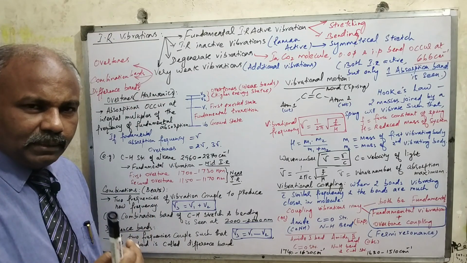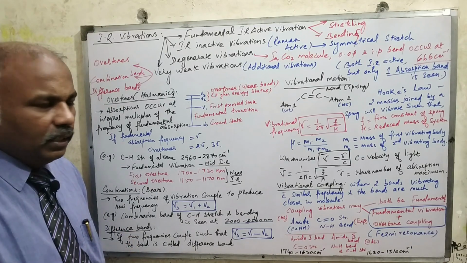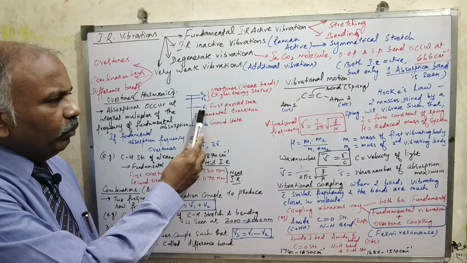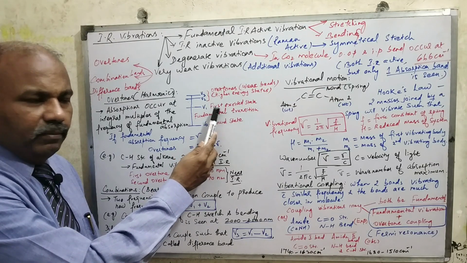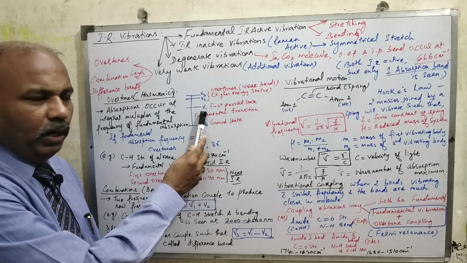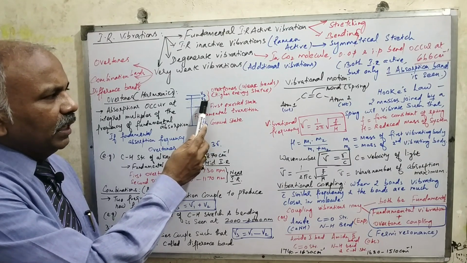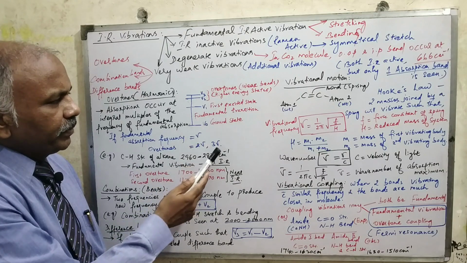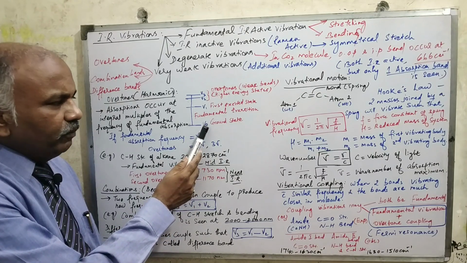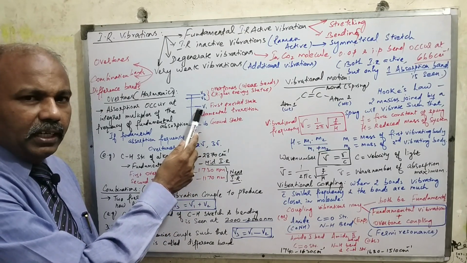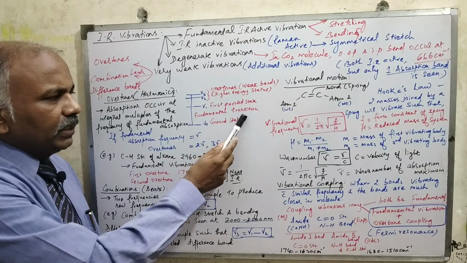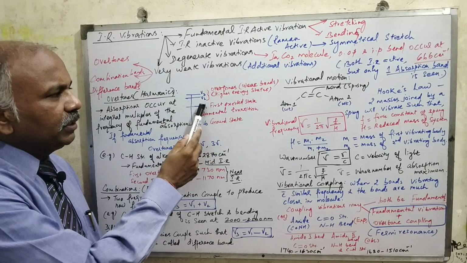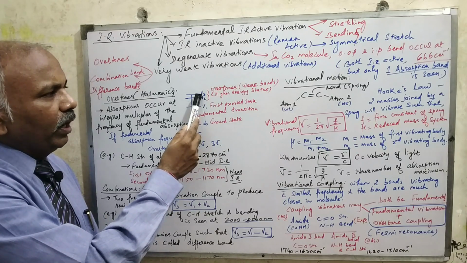Before discussing these additional vibrations, you should know that if you have the ground state here, nu 0, then V1 is the first vibrational excited state, then V2, V3 are the next higher vibrational excited states, right? The fundamental transition from the ground state to the first vibrational excited state is made with the help of the fundamental transition. After that you have the higher vibrational transitions, that is V2 and V3.